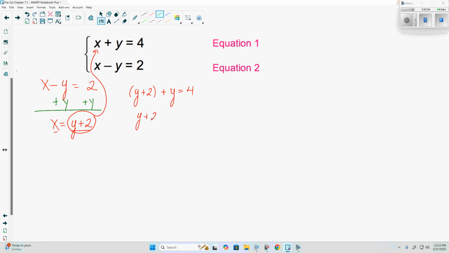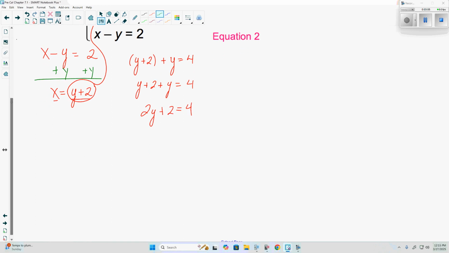We can simplify or drop our parentheses and combine like terms. Our y plus y gives us 2y, plus 2 is equal to 4. We can subtract 2 from both sides, telling us 2y is equal to 2. Divide by 2, telling us y is equal to 1.